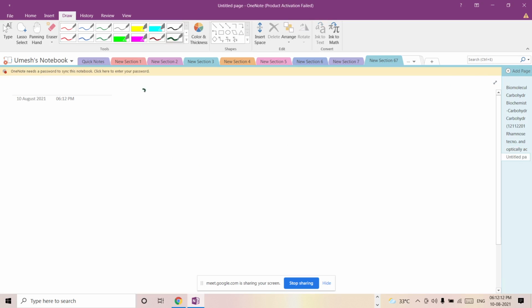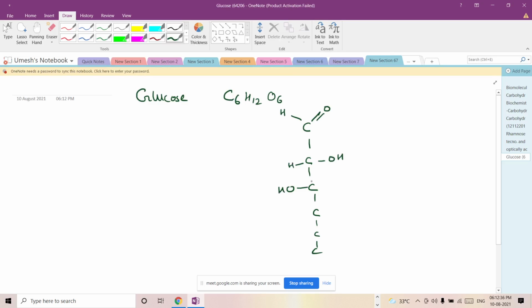If I say the structure of glucose, C6H12O6, carbons 1, 2, 3, 4, 5, and 6, I'm drawing the structure of the carbohydrate.